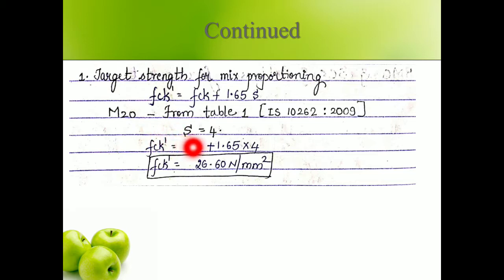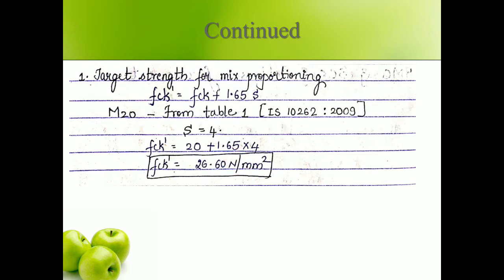So first point goes as usual, target strength for mix proportioning. The target strength for mix proportioning is the strength that has to be greater than the characteristic compressive strength, meaning the maximum strength should be obtained.